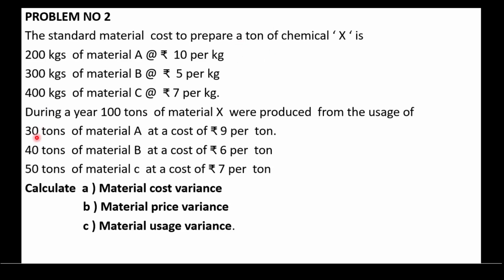During the actual materials, the actual production, here they mentioned tons, that is 30 tons, 40 tons and 50 tons. So all these 30, 40 and 50 tons are multiplied with 1000 to become 100 tons. Here we calculate the material cost variance, material price variance and material usage variance.